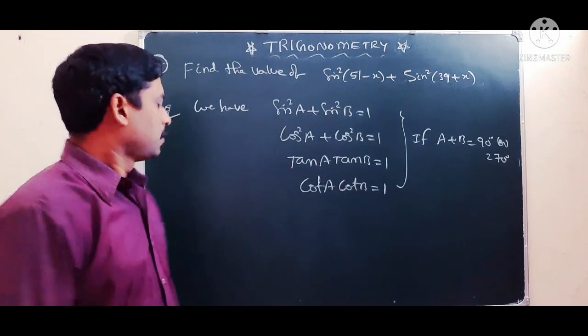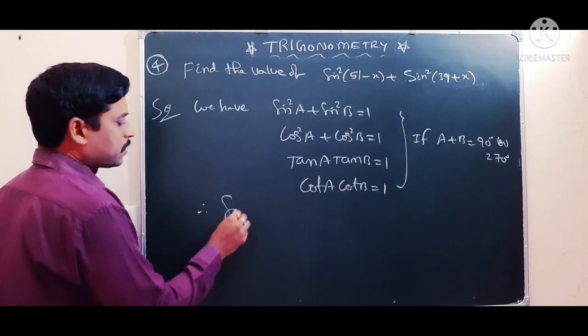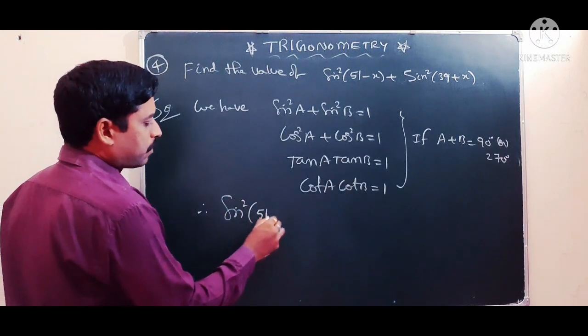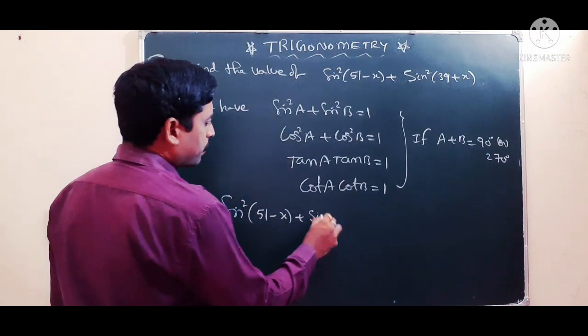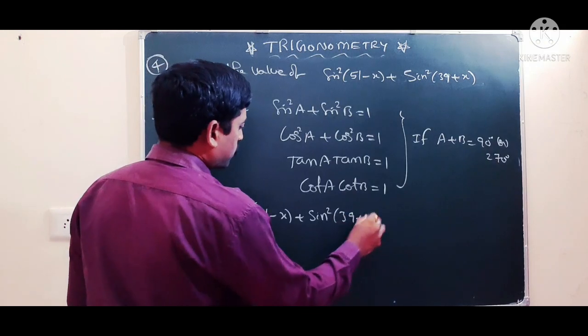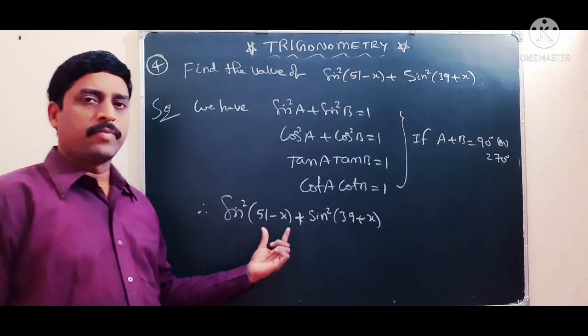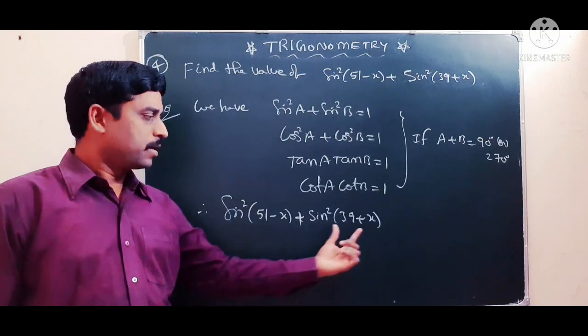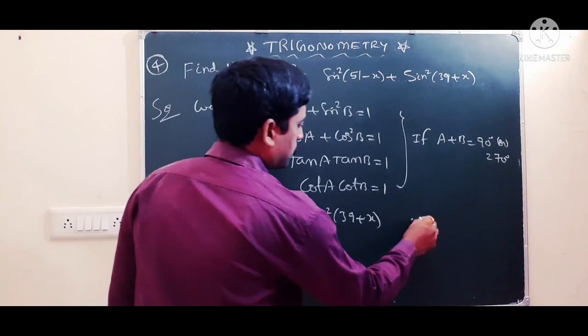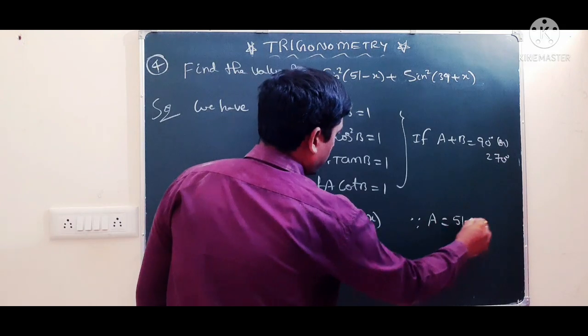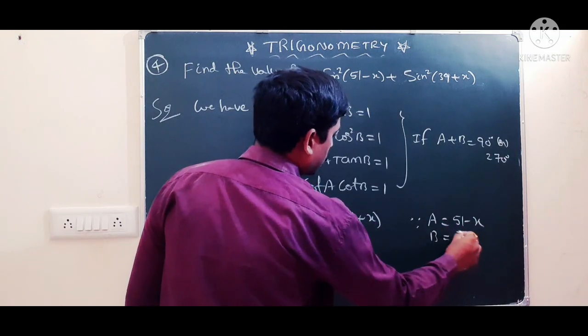Okay, remaining. Therefore, what is given? Sin square of 51 minus x plus sin square of 39 plus x. First, we have to find this value. So let us take 51 minus x is equal to a and this is b. Since a is equal to 51 minus x and b is equal to 39 plus x.